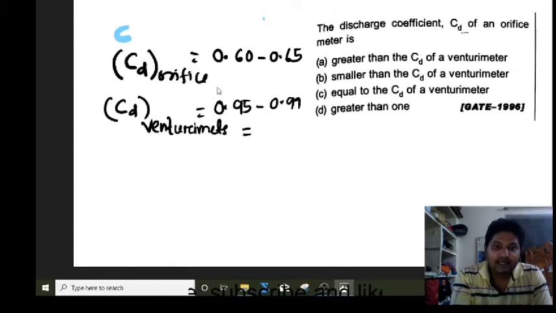In general, it is taken as 0.98, and for the orifice meter in general it is taken as 0.62.